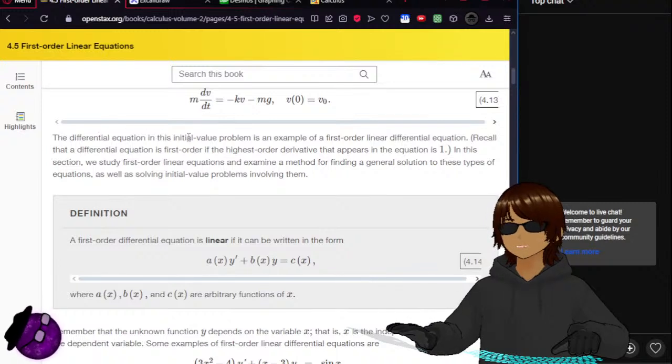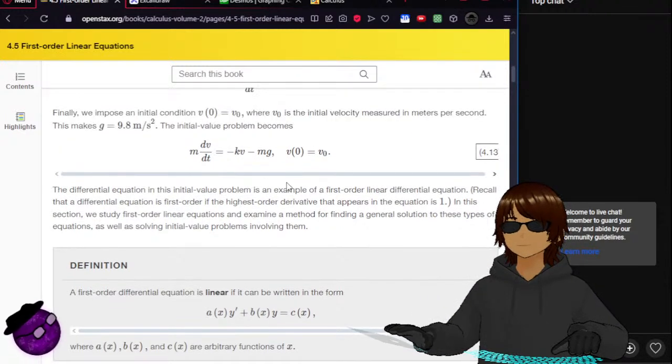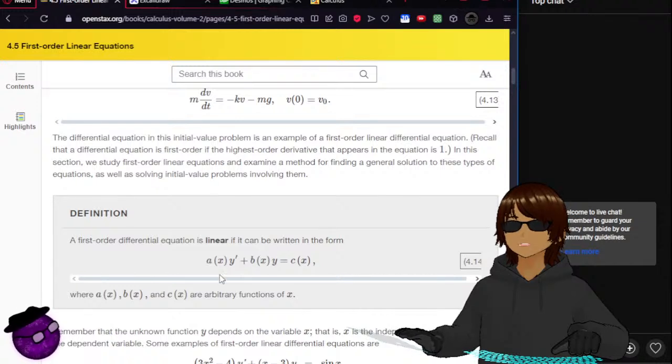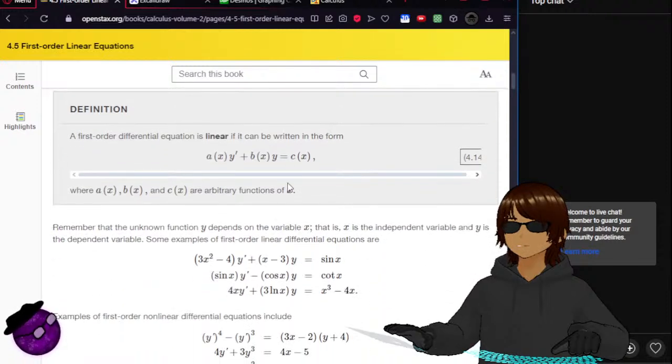The differential equation in this initial value problem is an example of a first order linear differential equation. A first order differential equation is linear if it can be written in the form a(x) times the derivative of y plus b(x) times y equals c(x), where a, b, and c are arbitrary functions of x.